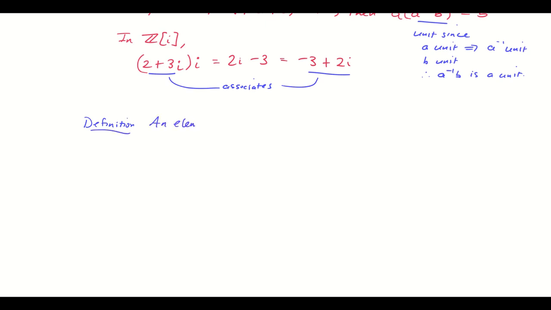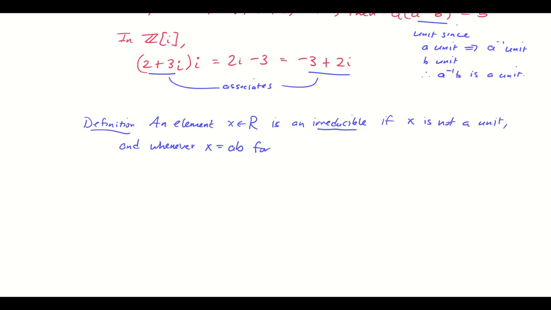An element x belonging to R, again an integral domain, is irreducible if x is not a unit and whenever x is written as a product AB for A and B in R, we have that A is a unit or B is a unit.